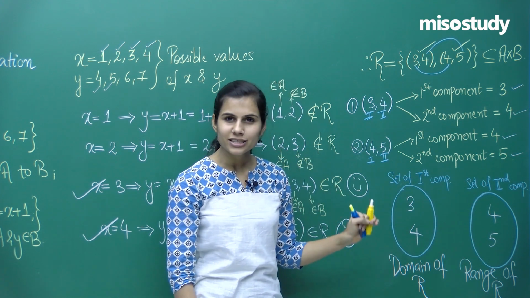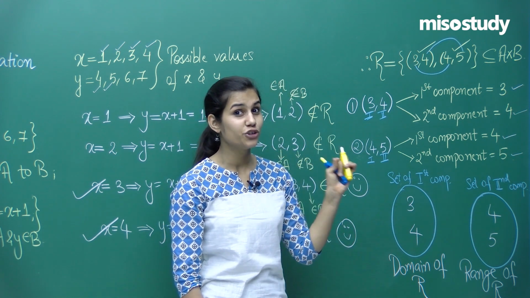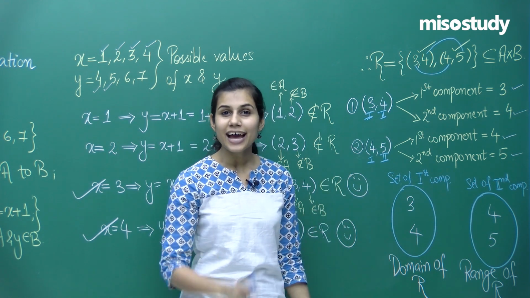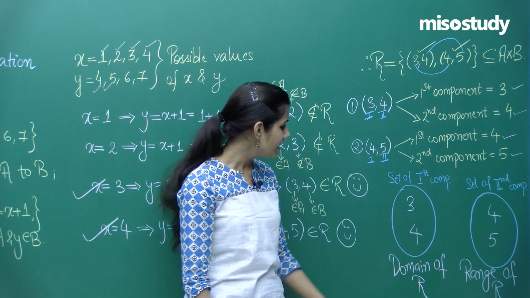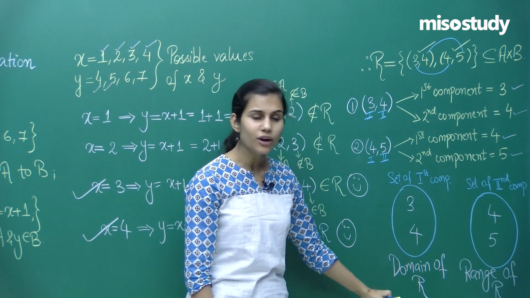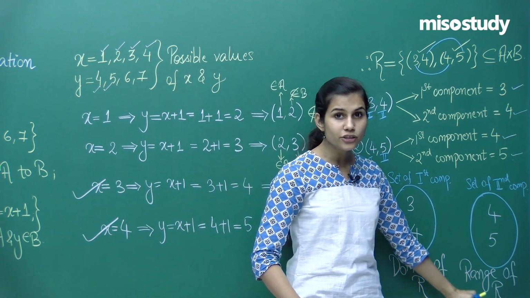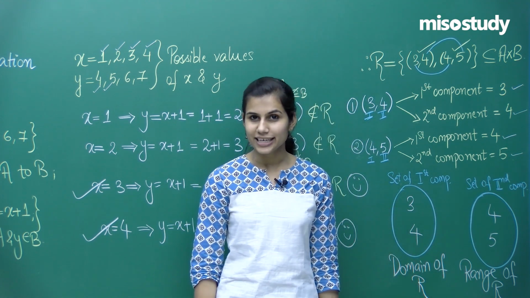This interesting concept is now asking for your attention and focus. So quickly understand it and wait for the formal discussion wherein we are going to formally write what domain of an arbitrary relation is and what range of an arbitrary relation is.